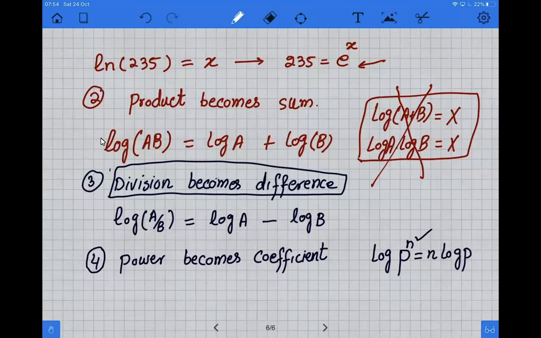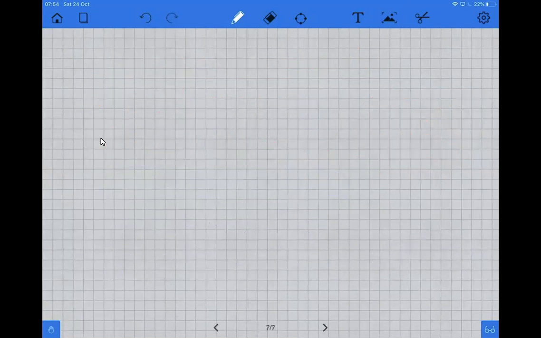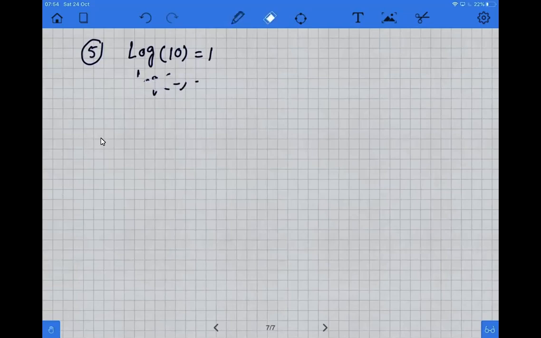This is rule number 4. And the fifth rule is if you take log of 10 itself, it will be 1. And if you take natural log of e, it is also 1. So these are some rules for log that you should know.